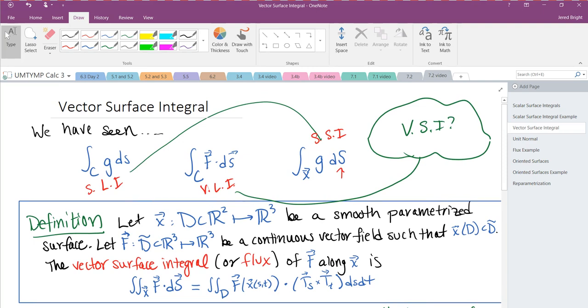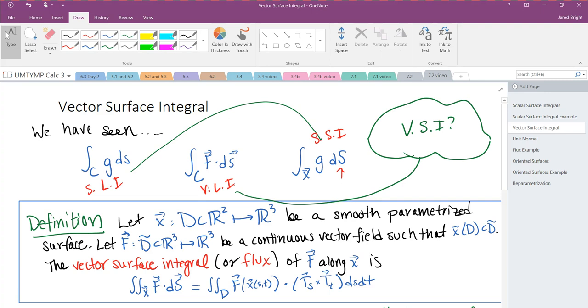So we have a parameterization of a smooth surface, and we have this surface in a continuous vector field, and we're saying that the domain of the parameterization is a subset of this continuous vector field, just meaning that it lies in the vector field.